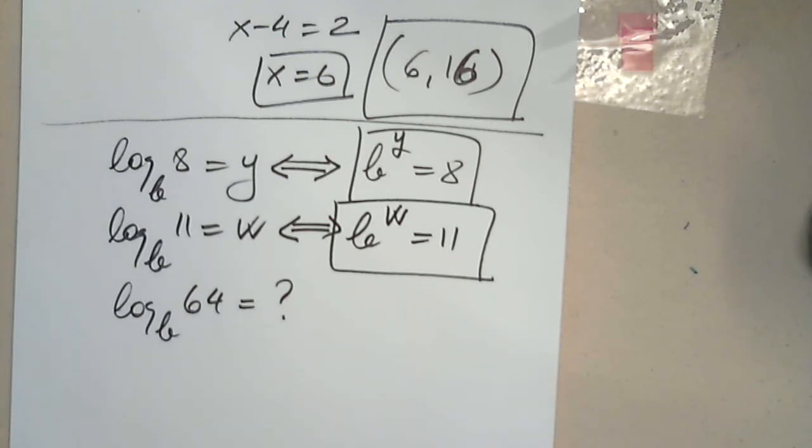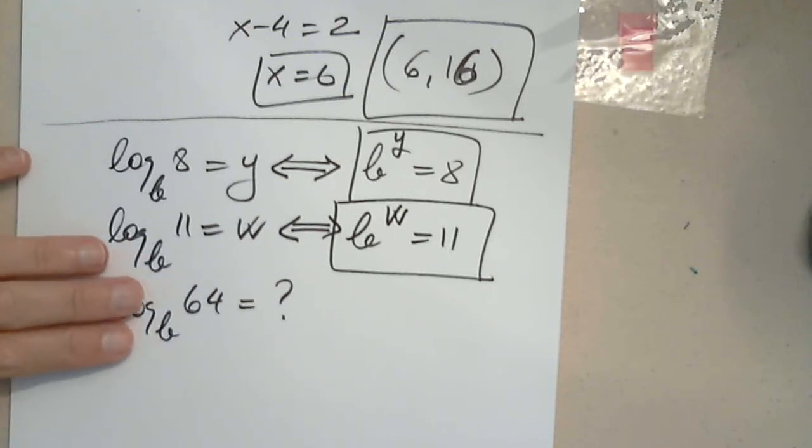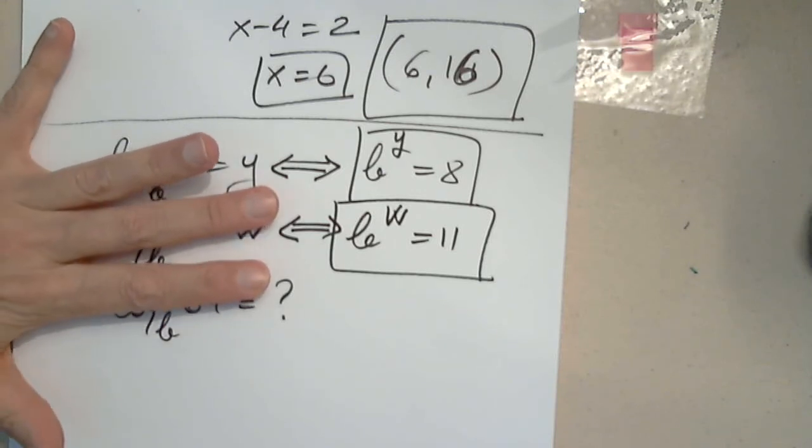Let me double check. It says, let the log be 8 and 11, or 8 and y, whatever, and then write the expression in terms of y and or w. And then it just says log b 64 equals and then it wants me to figure that out.